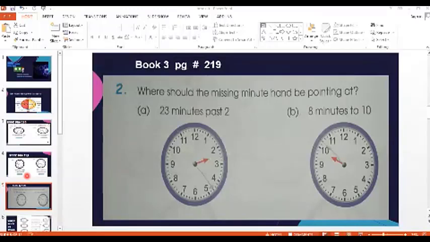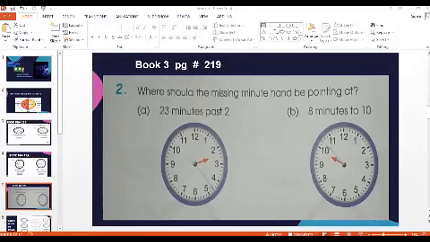Part B? Yes. Josefa, the answer is 27 minutes past 9. You will write down 27 minutes and then mention 9:27. I will show all the slides at the end. If something is left, you can complete it later.